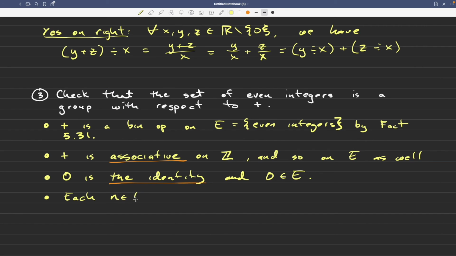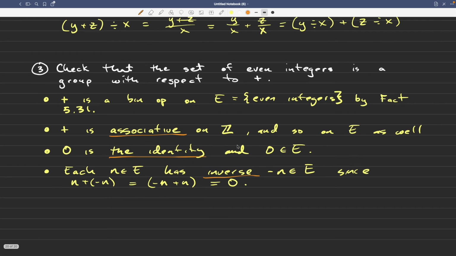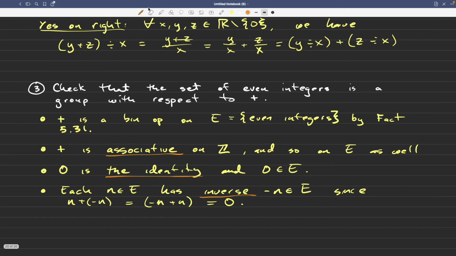Each n in E has inverse negative n, which is also in E, since n plus negative n equals negative n plus n equals the identity 0. The inverses stay within the set E, because if n is even, then negative n is even as well. So there you go. There's a simple example of a group. The set of even integers forms a group.